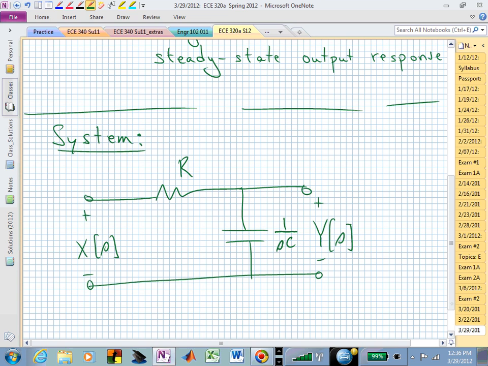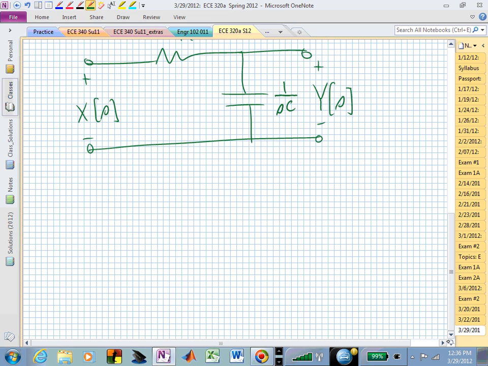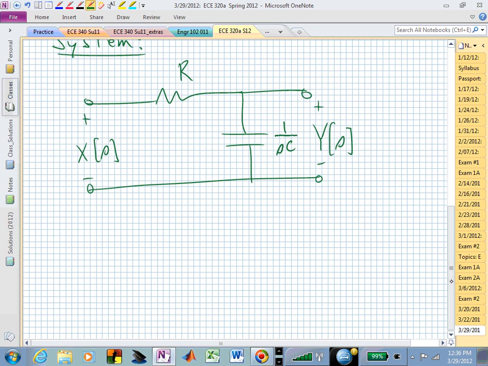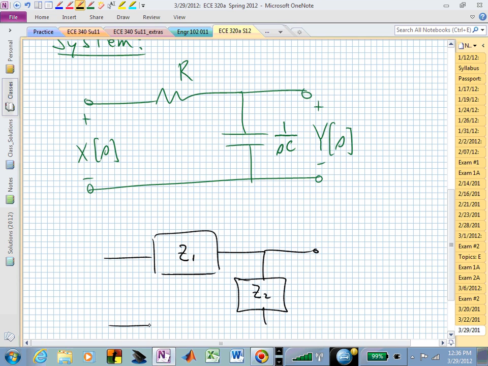This now, if we want to find the transfer function, is really very straightforward. You can simply think of this as an impedance Z1 and an impedance Z2, and that X of S, if that's messing you up, just replace it with something maybe that you're more familiar with, if that makes you feel better.